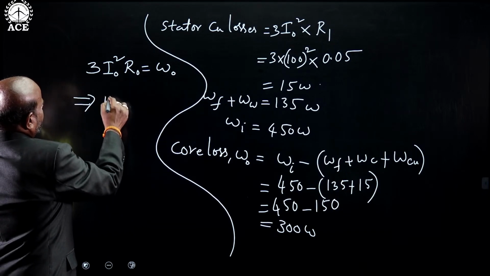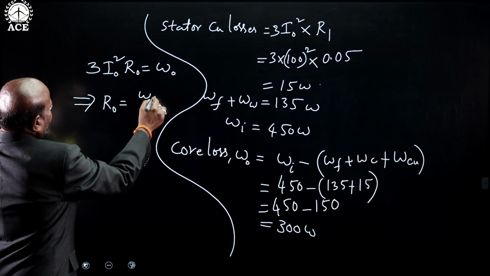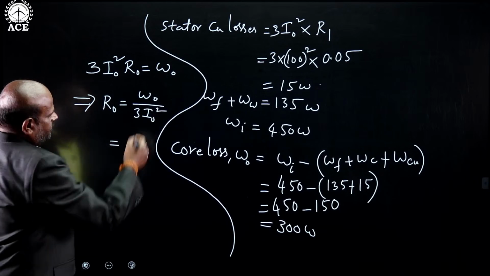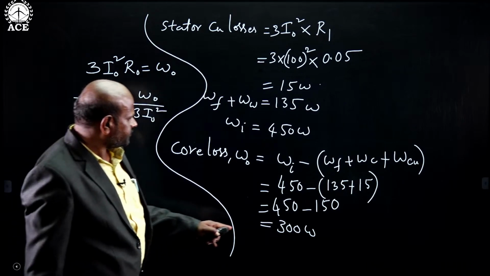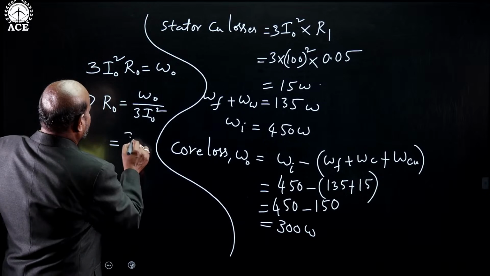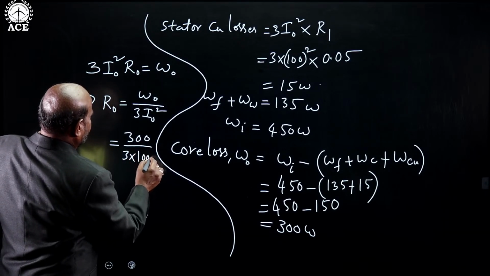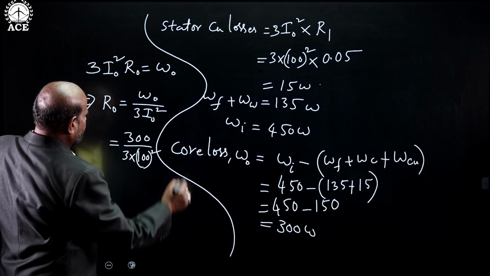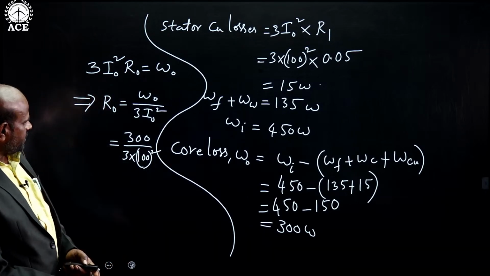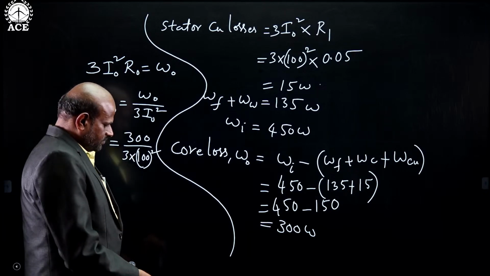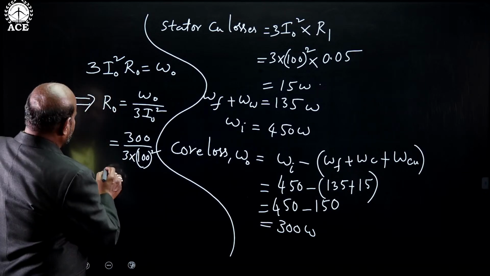And what is R naught? What is W naught? 300 by 3 into 10 whole square. So 300 by 300. How much? 1.